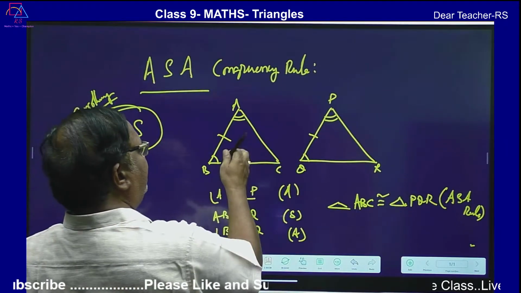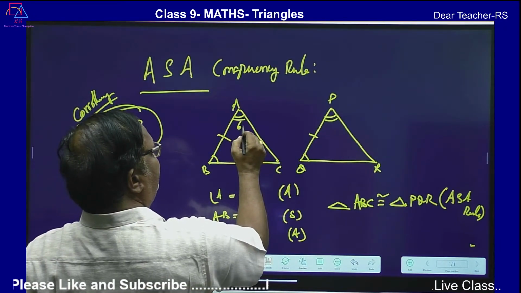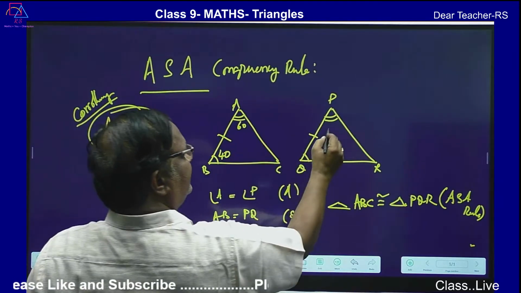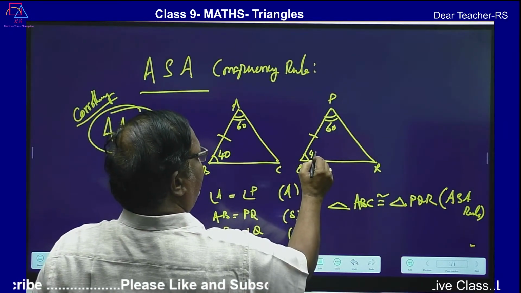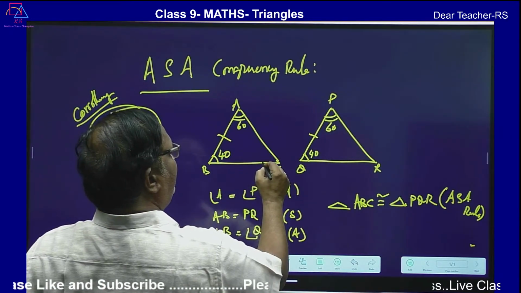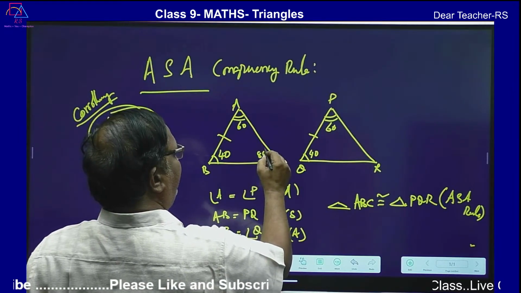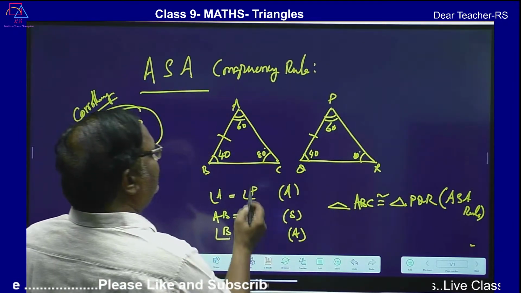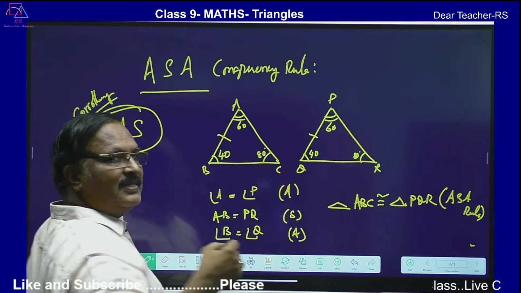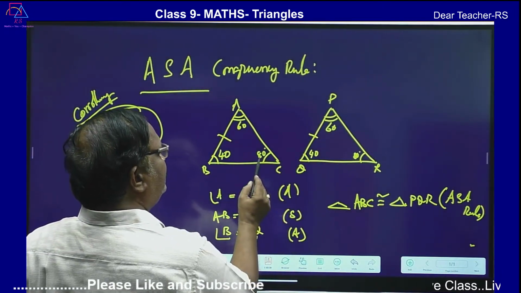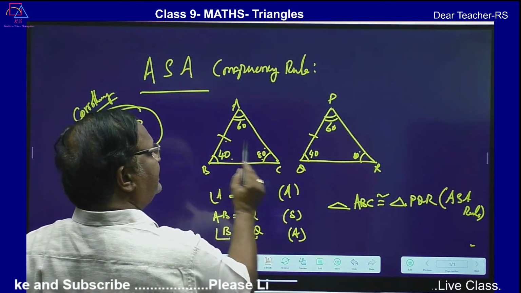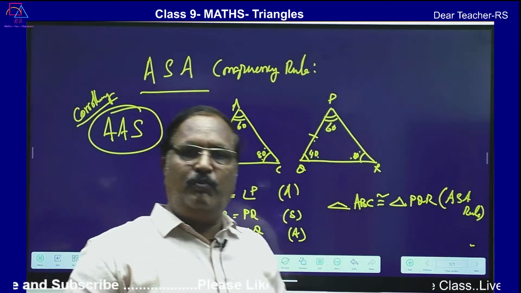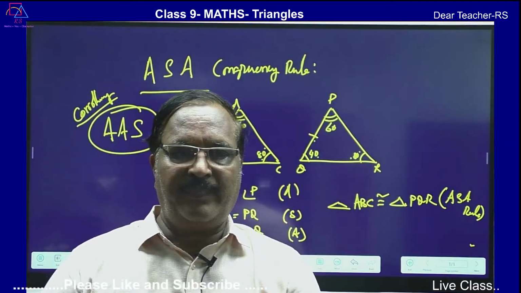Suppose this is 60 degrees and this is 40 degrees, and in the other triangle this is 60 degrees and this is 40 degrees. Ultimately this angle will be 80 degrees and this angle will be 80 degrees. So automatically the third angle will be equal. So you can have AAS or ASA, both are the same.